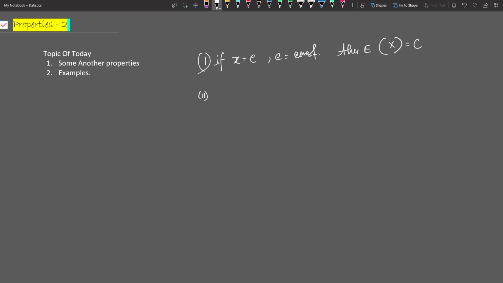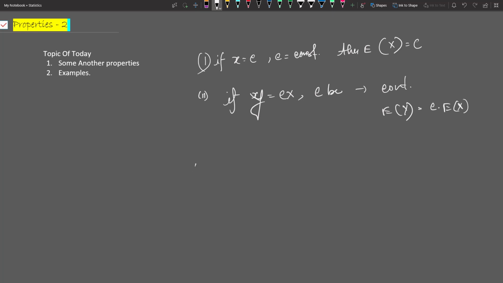Number 2: if Y is equal to cX, where c is again a constant, then expectation of Y will be c times expectation of X. This is as simple as that.